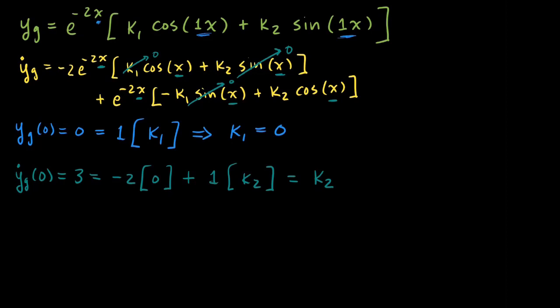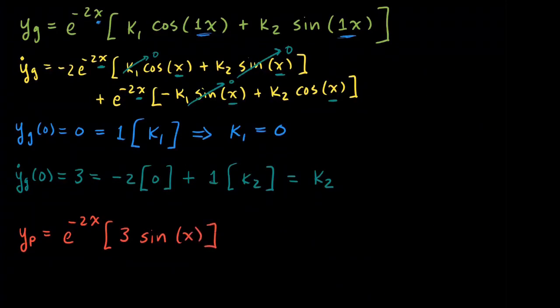When the dust settles, assuming I haven't made a calculus or an algebra error in this derivation, we're going to have the particular solution. y sub p is going to be e to the minus 2x onto, well, I had k1 equals 0, so the cosine term is gone, and I'm just going to have 3 times the sine of x.